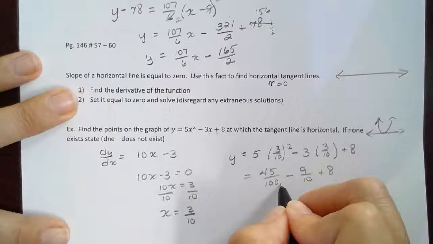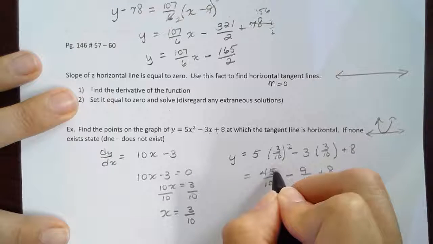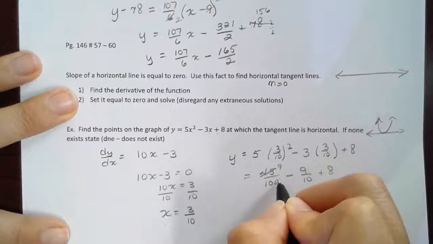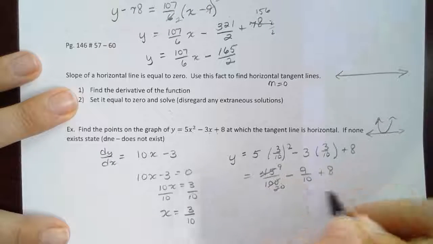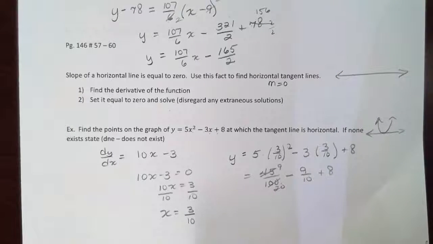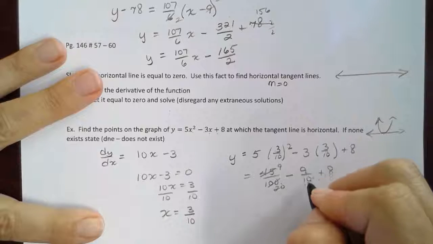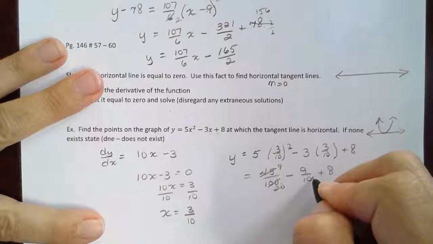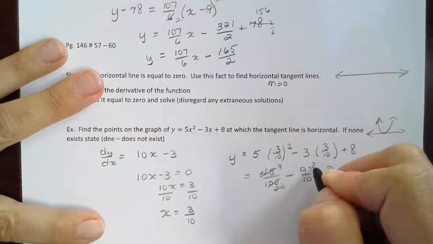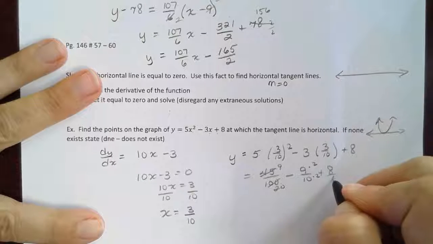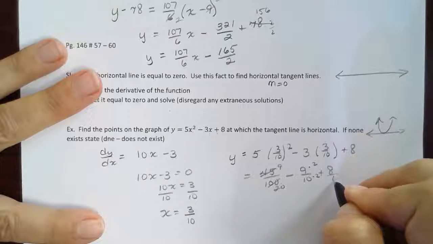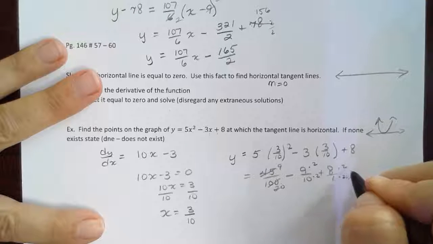Let's reduce this one. So common factor 5. 5 goes into 45 9 times and into 100 20 times. LCD in this case is going to be 20. So to make 9/10 into something over 20, I'm going to have to multiply by 2 to make that 20, so 2 to make this 20. And really this is 8 over 1. So in order to make 20, we're going to multiply by 20 and by 20.